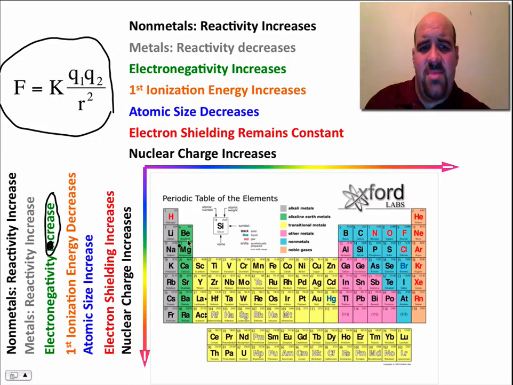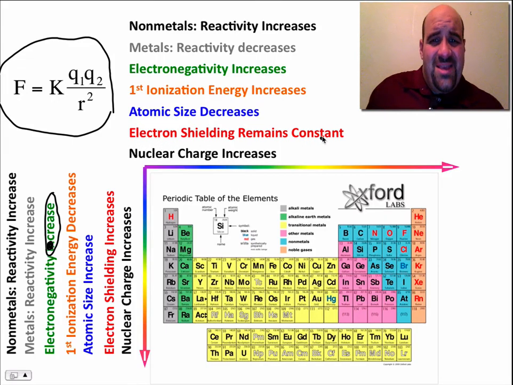So many trends in the periodic table and chemical reactivity, losing or gaining electrons, size of atoms, all depend on Coulomb's law. So going across, proton number increases, nuclear charge increases. Going down, proton number also increases. And I kind of color coordinate these. We know as you go across, electron shielding is constant.